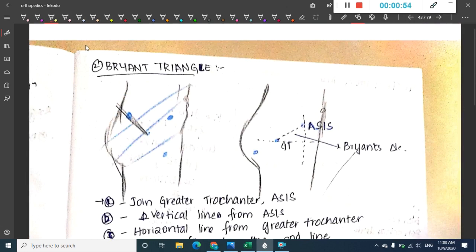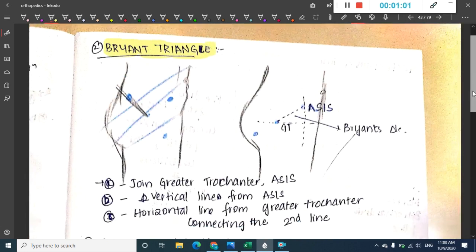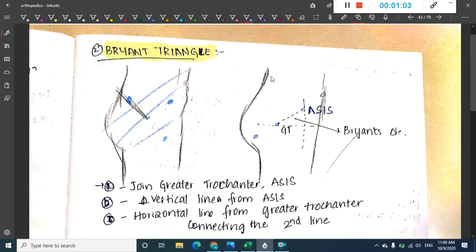Then the second test which we can do is Bryant's triangle. In this, first we palpate the anterior superior iliac spine, and then the greater trochanter. You draw a line joining the anterior superior iliac spine to the greater trochanter.